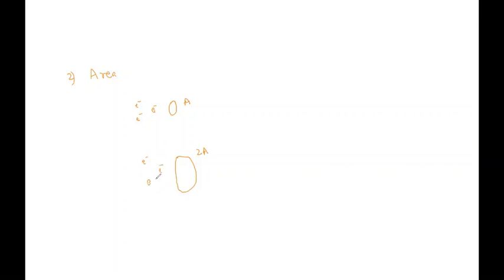In which scenario is it easy for the electron to pass? Which one will give the easy passage? This one or this one? One with the larger area. Why?